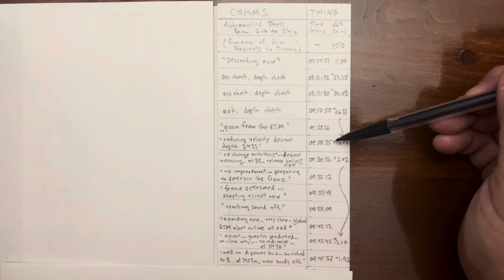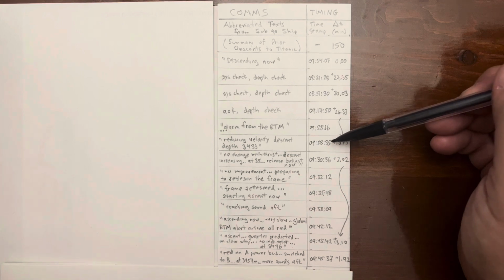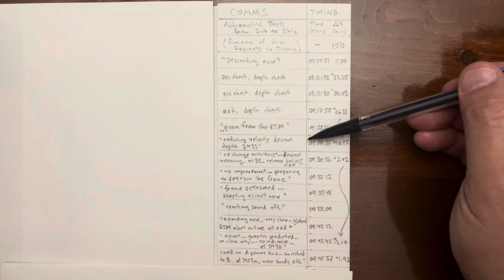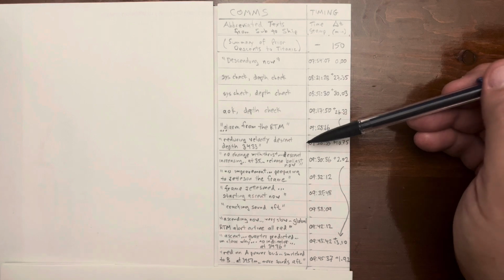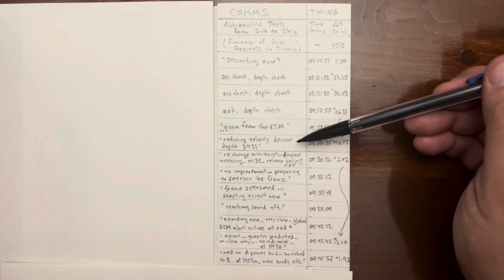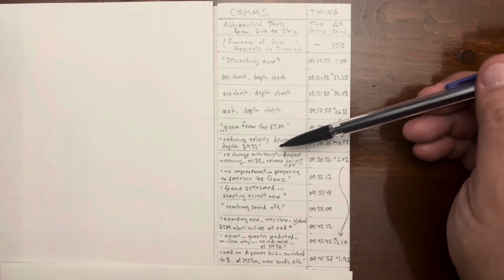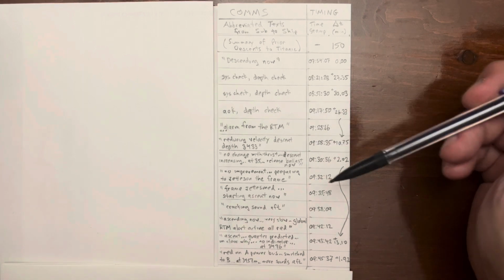Very shortly after that, only 19 seconds later, it appears that Stockton Rush had noticed that the rate of descent was fast, and he transmitted "reducing velocity, descent, depth 3433."